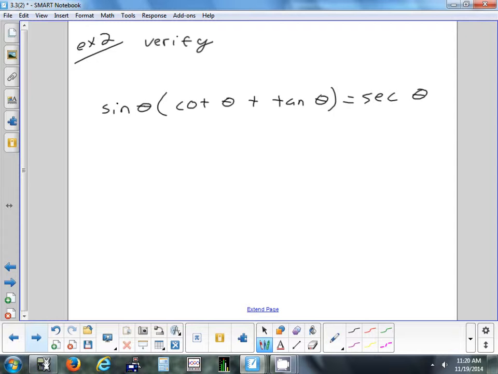Okay, try it and see what happens. Let's start with our cotangent. Amy, if we change cotangent, what does that change to? Good, cosine over sine. Plus, now we need to change tangent. Tom, what does tangent change into?